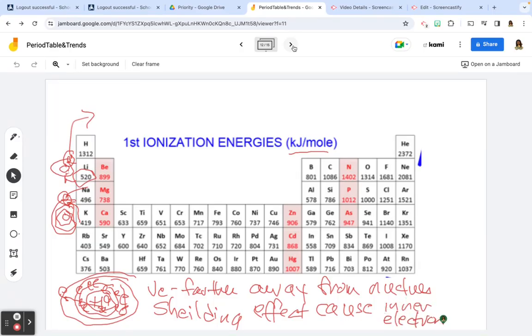They block the hold that the nucleus has on the valence electron. So as you go down a group, ionization energy will decrease. So I'm going to write that down: down a group, ionization energy decreases.